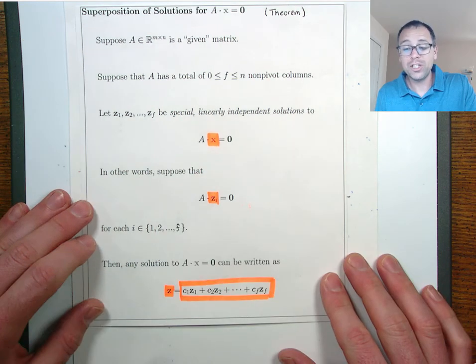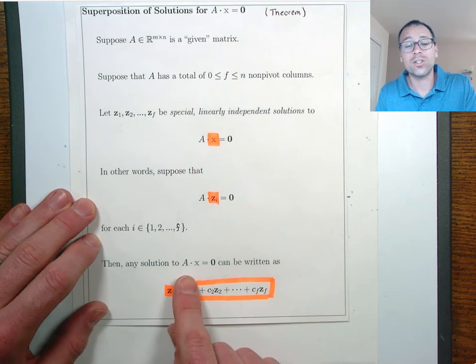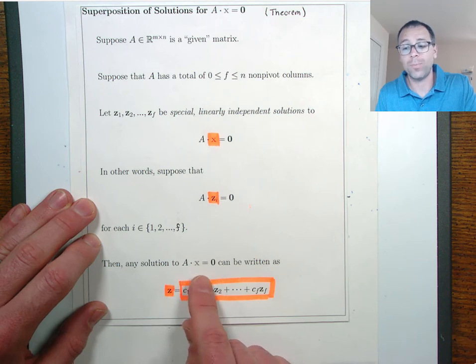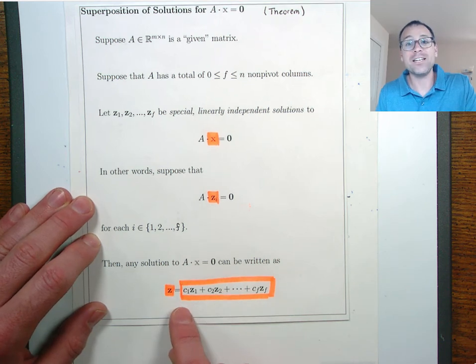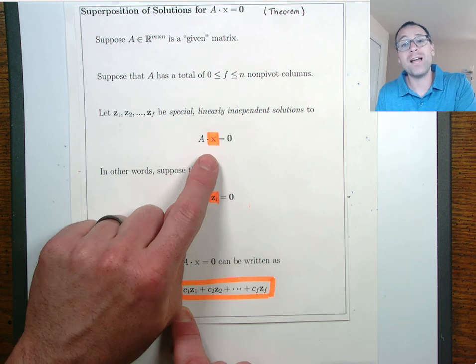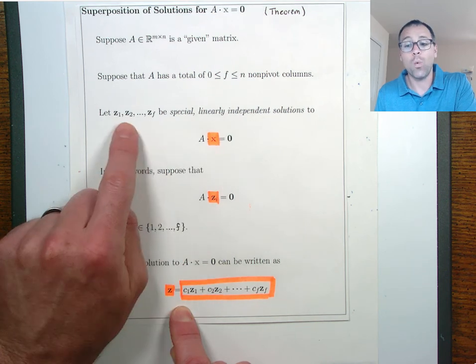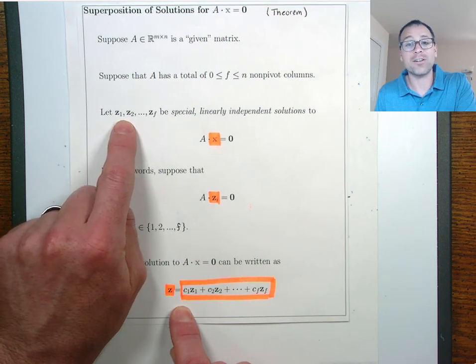In this situation, we say that any solution to the A times x equals 0 problem can be written as a linear combination of the special solutions, where the z sub i vectors come into play.